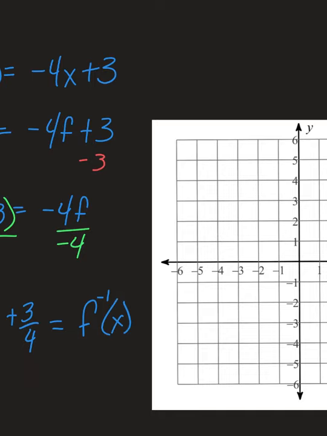So we'll graph these two functions. The first one had a y-intercept of 3 and a slope of -4. That's down 1, 2, 3, 4 over 1. So the line would look like this.